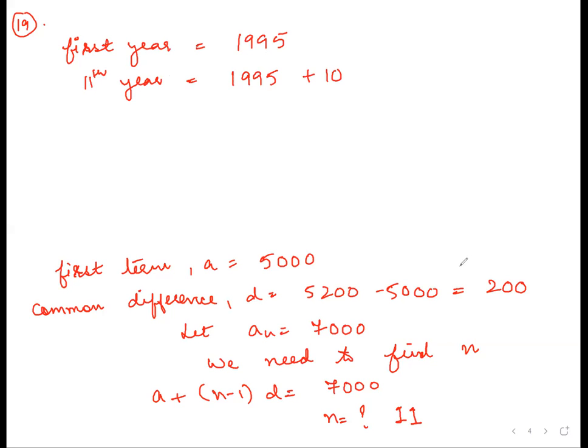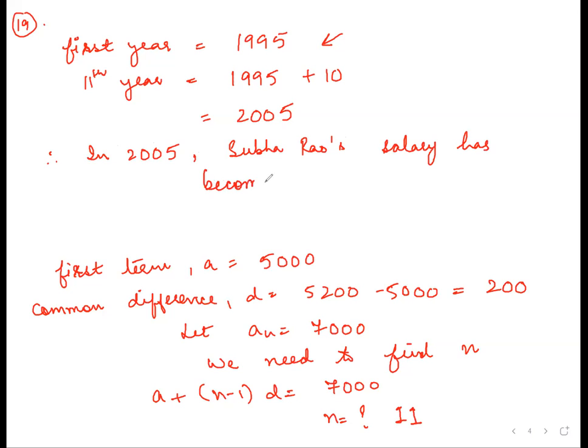Start counting, mark 11 on your fingers. The first year is 1995, and if you add 10 to it, you will reach the 11th year, because the first is already written. 2005. Yes, exactly. So in 2005, Subba Rao's salary has become rupees 7,000.